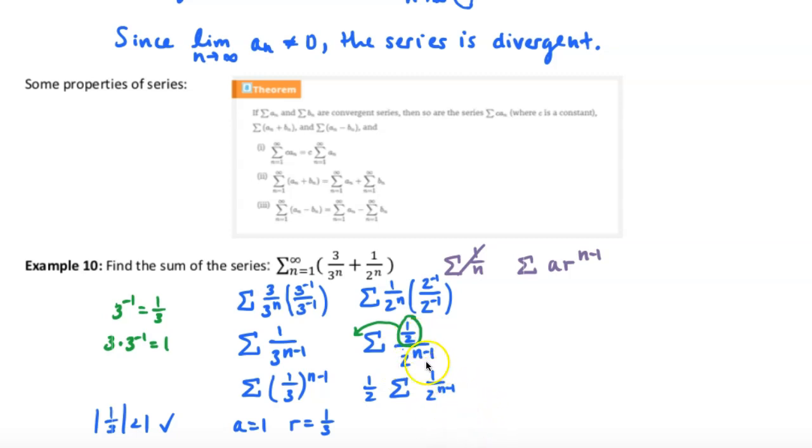Okay? And so now I can rewrite this as 1/2 times the sum of 1/2 to the power of n minus 1. Great, now this is in the form of that geometric series, and now I can see that my a is equal to 1/2, and my r is also equal to 1/2.